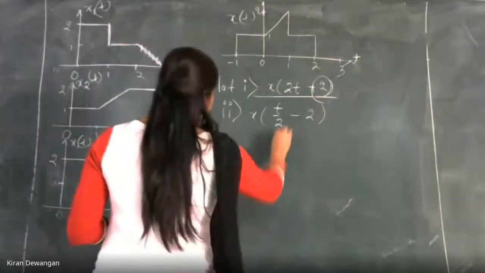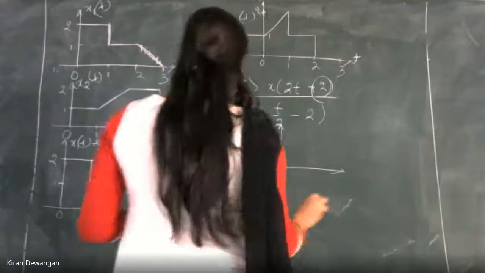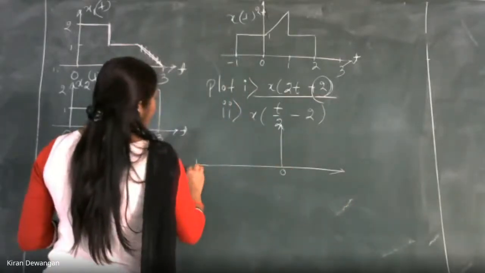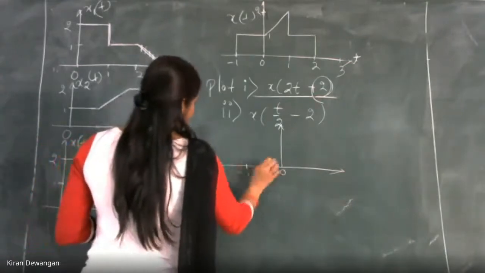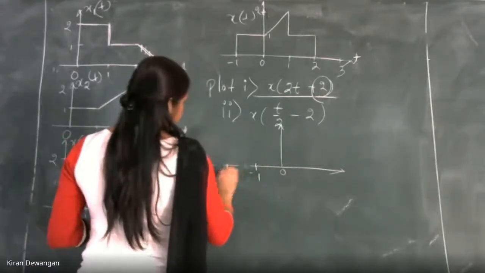At this point, it will start from -3, -2, -1.